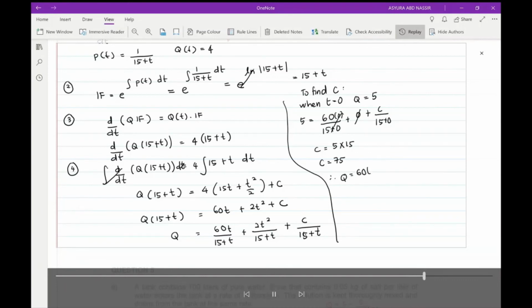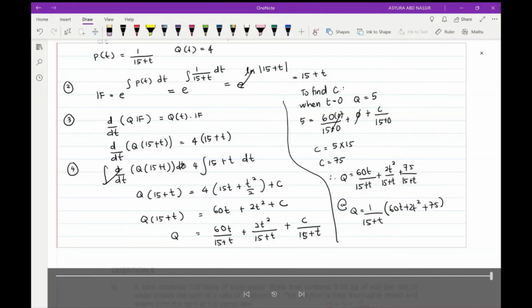We have Q equals 60t over 15 plus t, plus 2t squared over 15 plus t, plus 75 over 15 plus t. Or you can also write Q equals 1 over 15 plus t times 60t plus 2t squared plus 75. So both forms of answers are accepted.